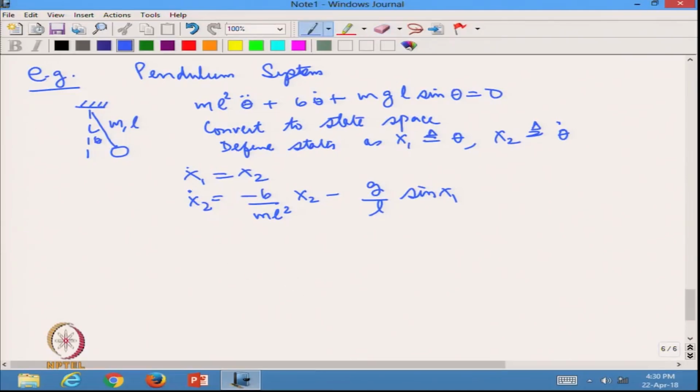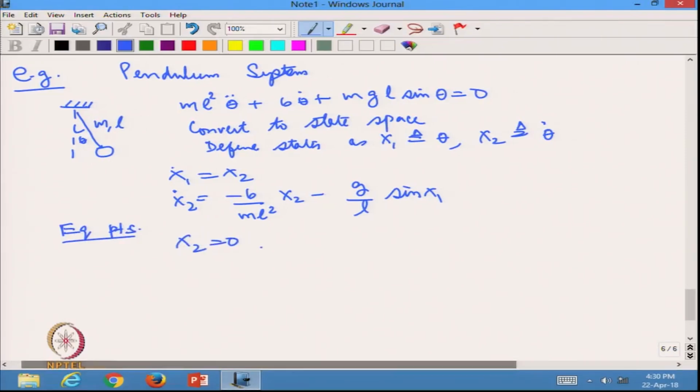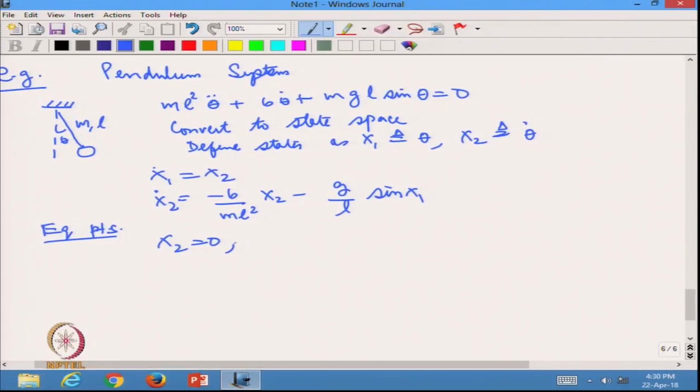So, now we can find out the equilibrium points by setting the right hand side of these differential equations to be equal to 0. So, which means that x2 equal to 0, and so if we set the right hand side of this equation to be equal to 0, what we will end up with is sine of x1 to be equal to 0, because x2 is 0.